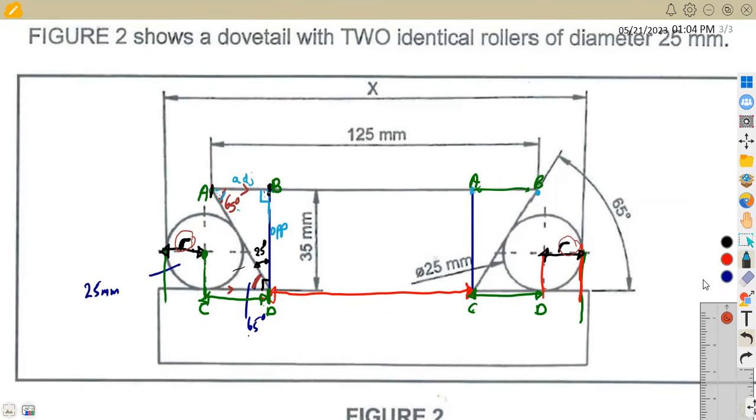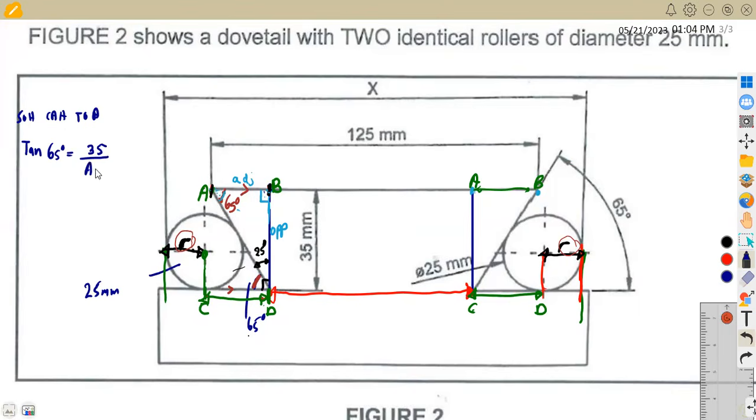So which ratio uses the opposite and the adjacent at the same time from our SOH CAH TOA? Remember, from our SOH CAH TOA, we need opposite and adjacent, that is tan. So meaning to say that tan of 65 degrees, the angle that you are given, is equal to the opposite, which is this side of 35, so it is opposite 35 over the adjacent, which is the AB.